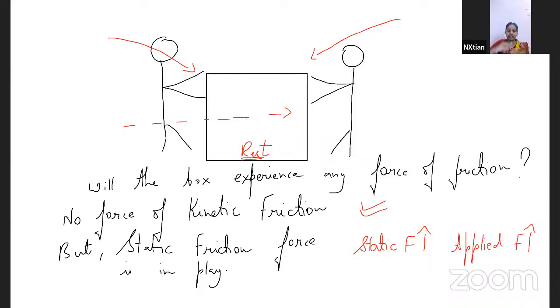When an object is at rest, but an external force is being applied on it that has not reached the maximum point, so it is still at rest, which force is applicable? Static friction. Hope this is clear to you all.